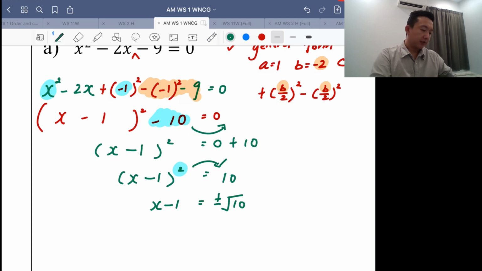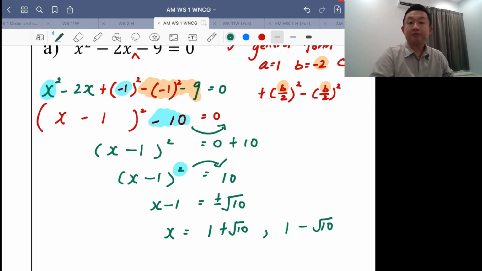So for the last step, we have 1 plus square root 10, and another one would be 1 minus square root 10. You can put this into your calculator.